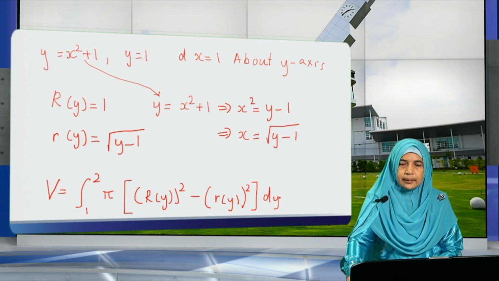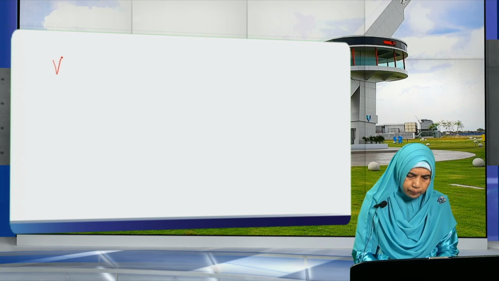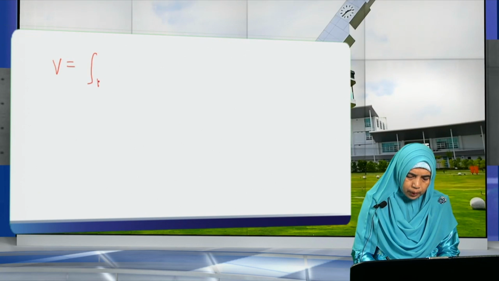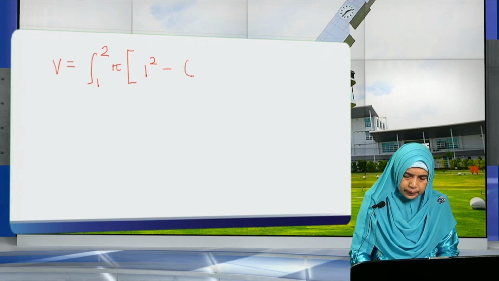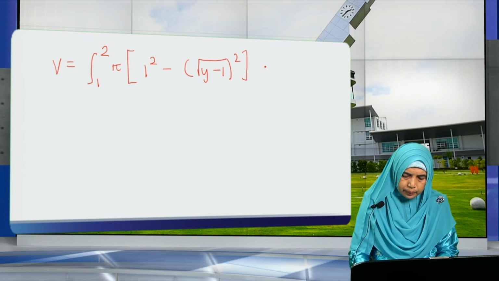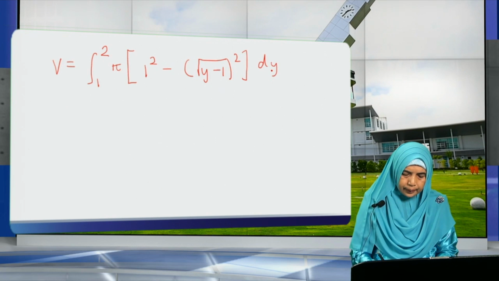The volume equals the integral from 1 to 2 of pi times the outer radius, which is 1, squared, minus the inner radius, the square root of y minus 1, squared, with respect to y.